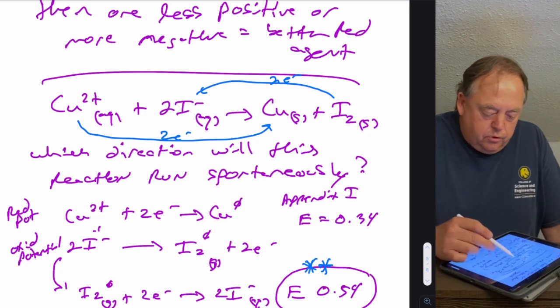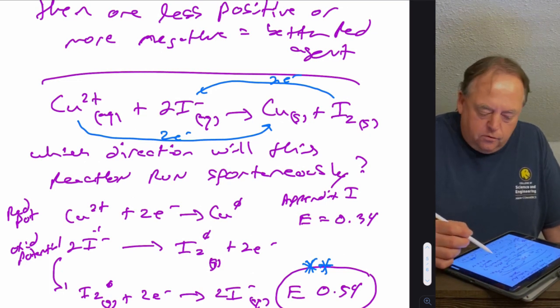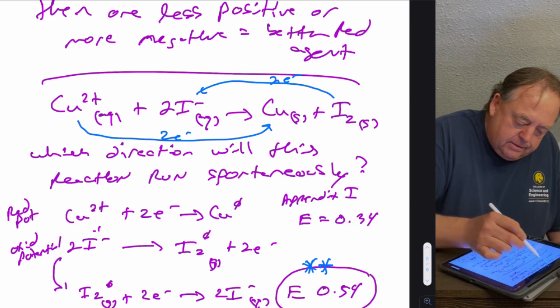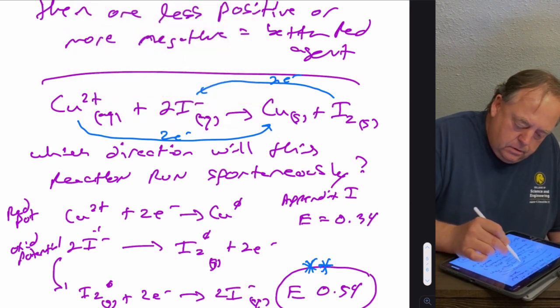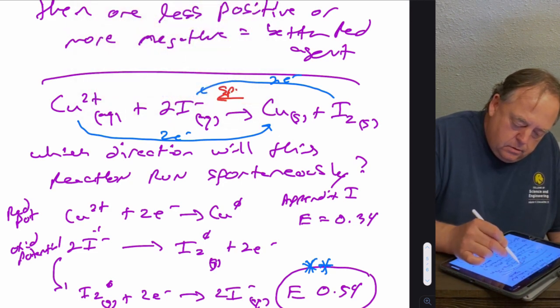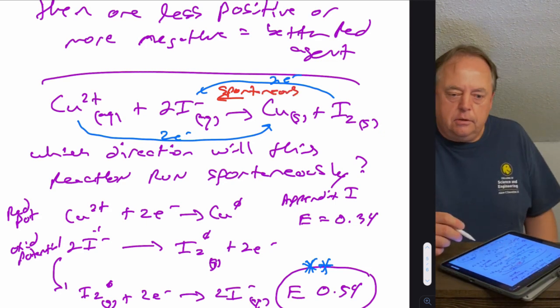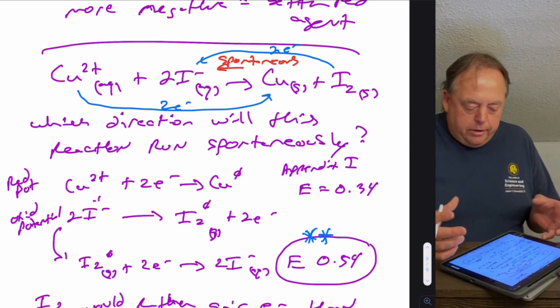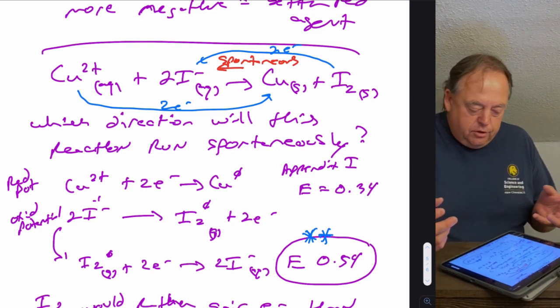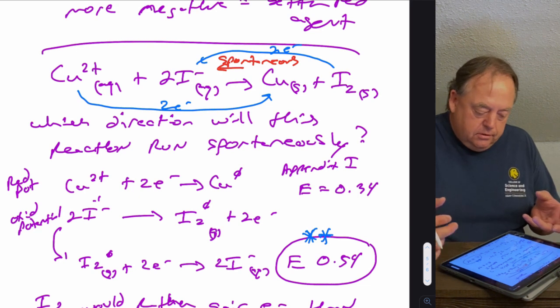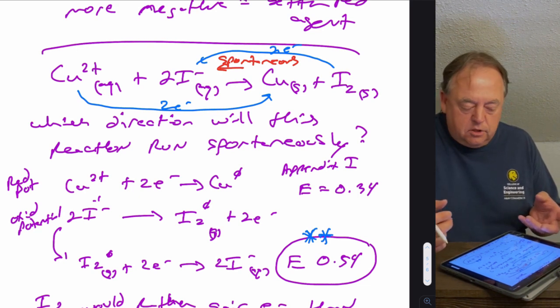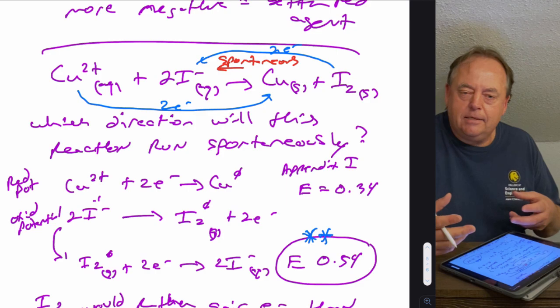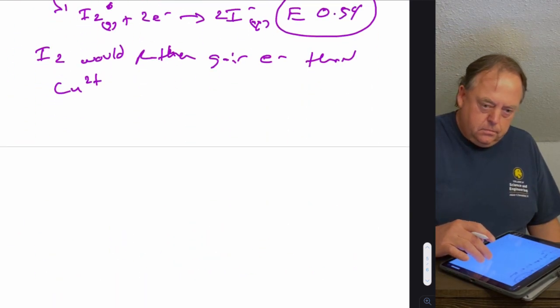So this reaction would rather go in the reverse direction, not the forward reaction. So it's spontaneous in the reverse direction. If you hook up those two cells, the way that they're going to work is I2 is going to gain electrons from copper to become copper 2 plus and 2I minuses.